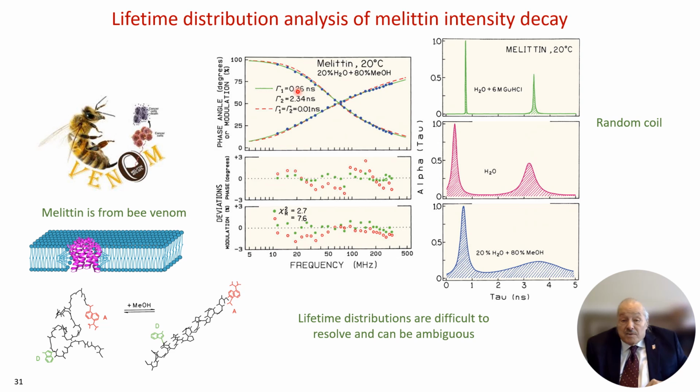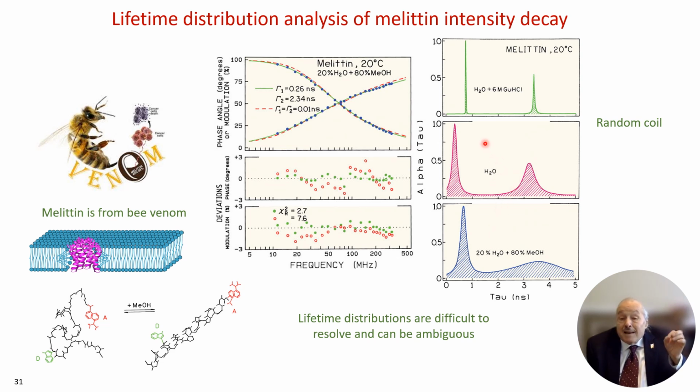Here we took one case in a solution of methanol and water, and we got a certain decay time. But let's look here at the lifetime distributions. So here, instead of looking at a single alpha value, we allowed the alpha and tau to both vary.